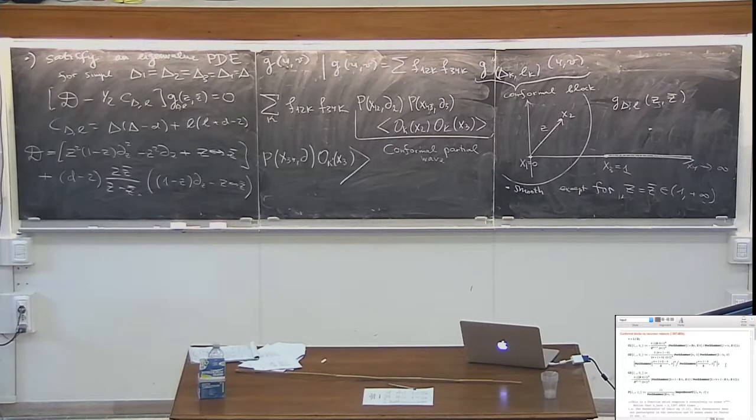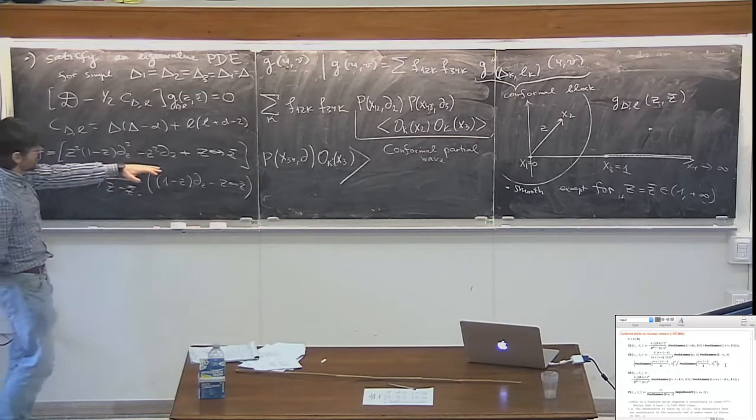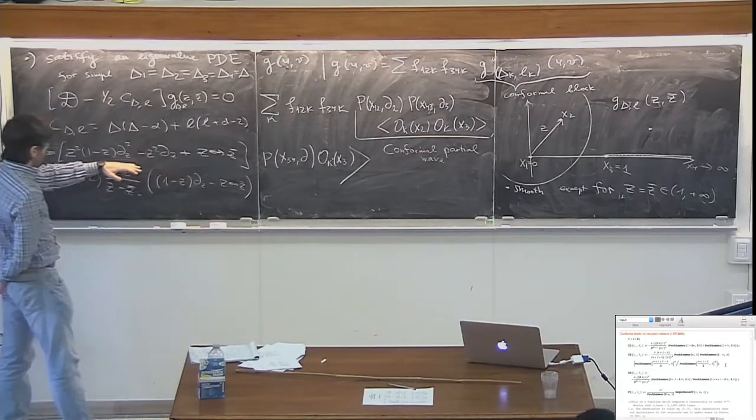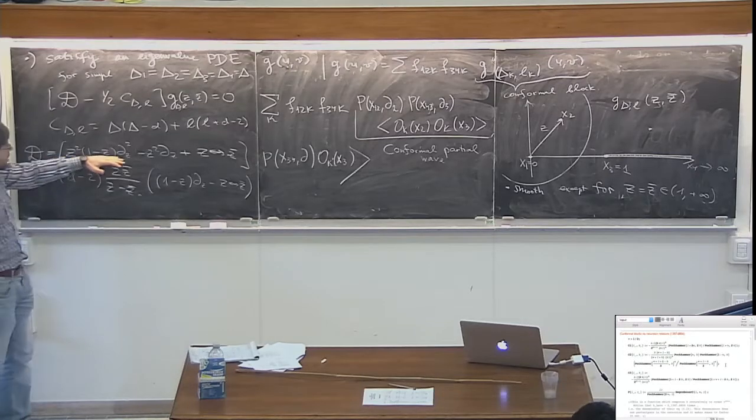As you see, this result has two pieces. The first piece is completely factorized in terms of z and z bar. And this operator is actually a hypergeometric differential operator.